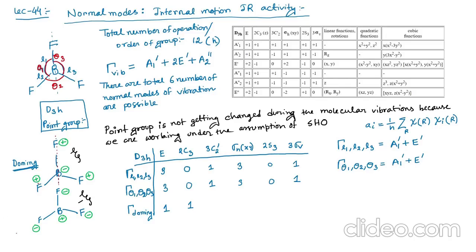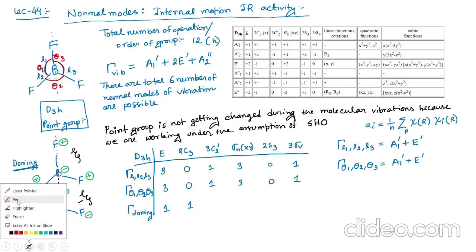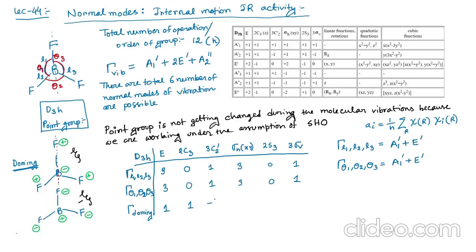If you do this, then this F will go here and this F will come here, but now these fluorines are coming out of the plane, and after doing the C2 rotation they will go below the plane, right? So actually they contribute negative, so it will be -1.